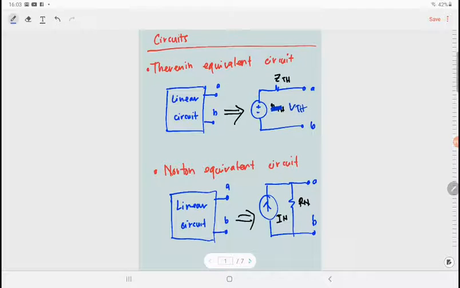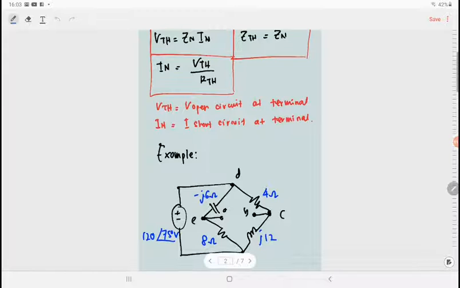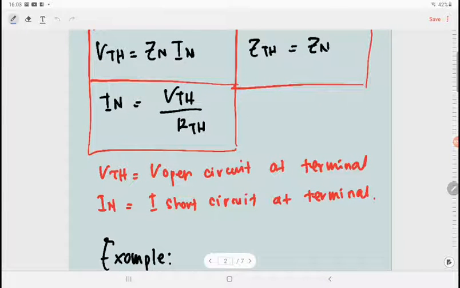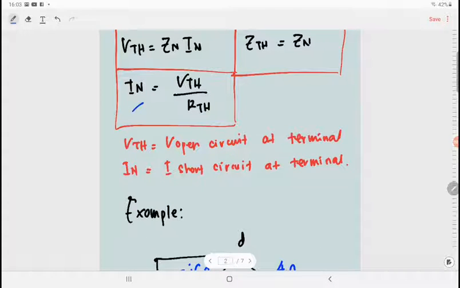So the relation between Thevenin and Norton can be found using this formula. VTH can be calculated using Z and IN, and then your I Norton can be calculated using VTH divided by RTH. In this case, it's actually ZTH, guys. Sorry, so this one should be ZTH.